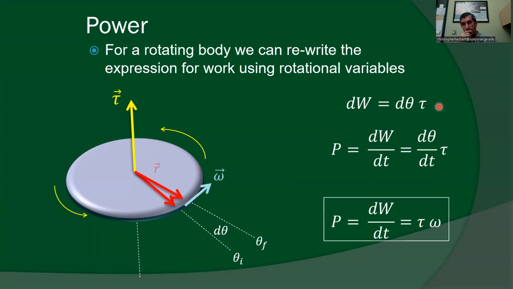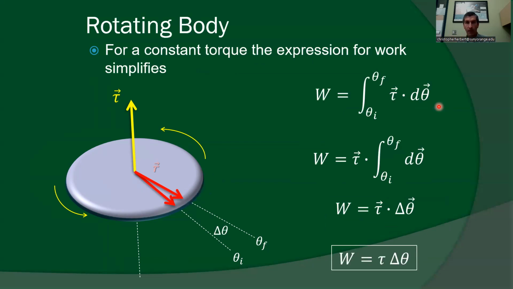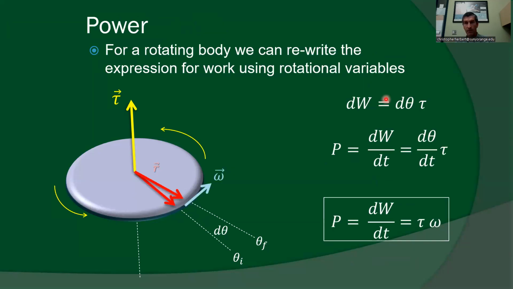What about power? Okay, what about power? Let's take what we had before. We're going to say dW is equal to an infinitesimal amount of torque times d theta here. Well, we can say that power is equal to dW dt. That's its definition, the rate at which energy is converted per unit time.